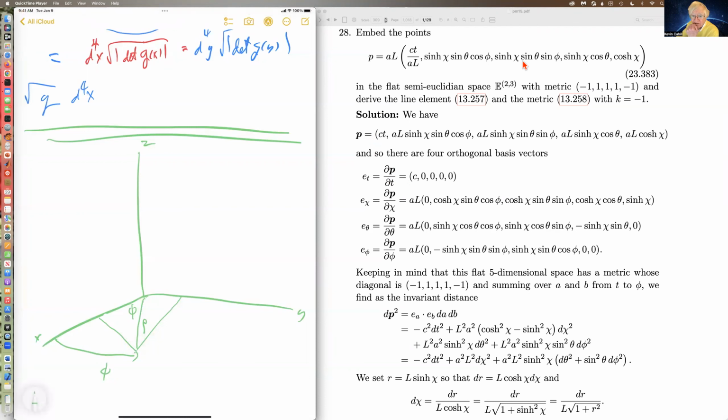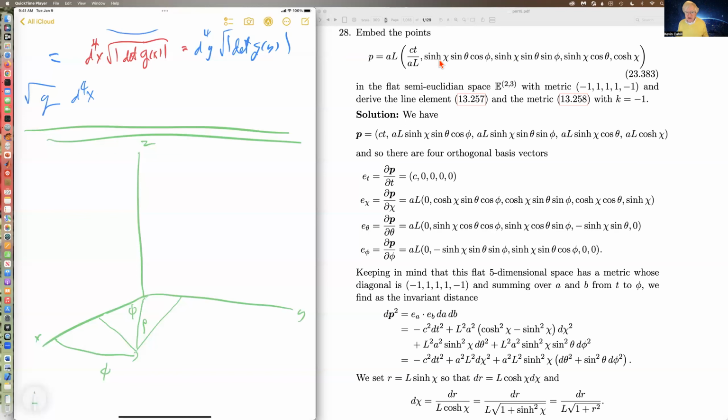We differentiate this expression with respect to t, and I must say I'm a little puzzled here as to what happened. Oh, I'm sorry, the a's cancel. So when you differentiate with respect to t, you just get c. But now if we differentiate with respect to chi, we have it occurring in sinh and cosh.